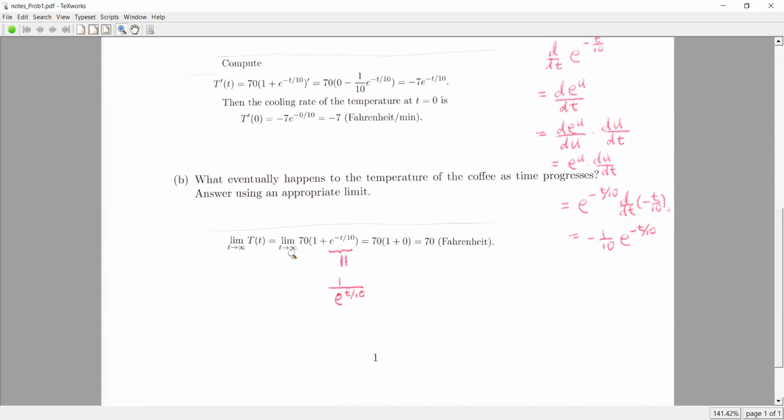As t approaches infinity, e to t over 10 approaches infinity. So 1 over this guy approaches 0. Therefore, this limit is 70 times 1 plus 0. It is 70. The unit is Fahrenheit.